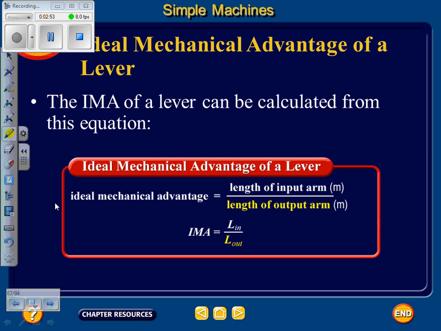The ideal mechanical advantage of a lever can be calculated from this equation. Ideal mechanical advantage equals the length of the input arm in meters divided by the length of the output arm, also in meters. So again, ideal mechanical advantage, it's a number.